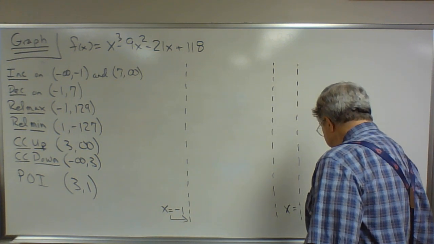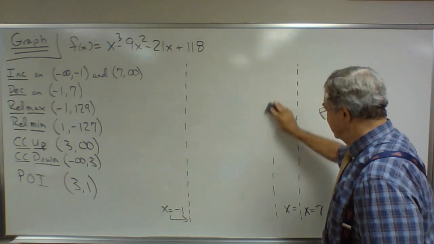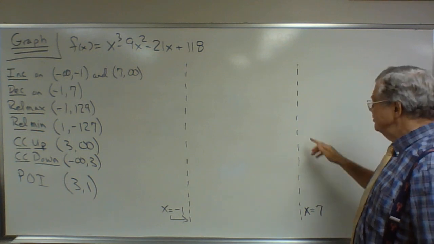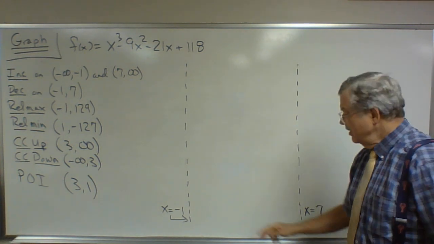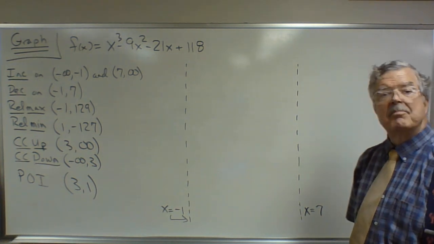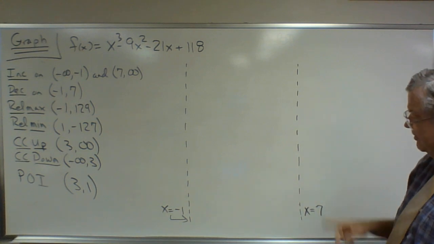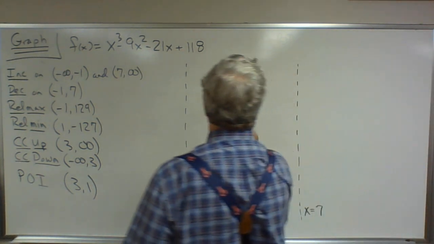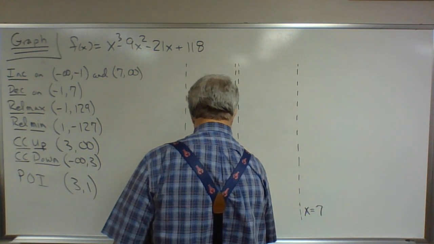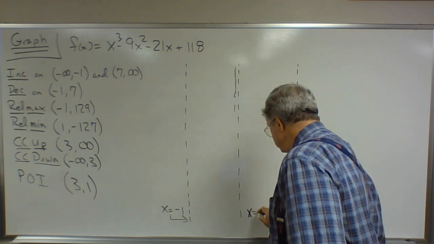X equals 7. But we'll let those be our frames of reference, because our maxes and mins are going to occur where our critical numbers occur. And our point of inflection is going to occur at x equals 3, which is right smack dab in the middle of this. X equals 3.